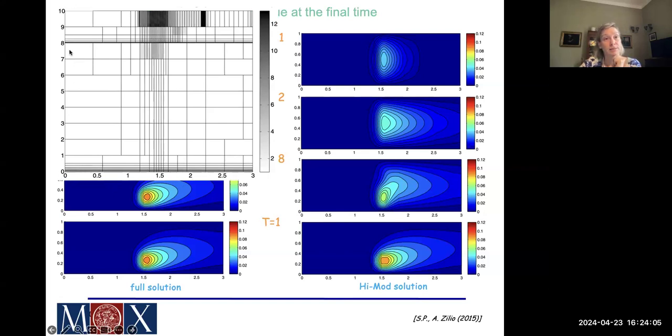Along the vertical axis, you recognize the time subdivision. So what we recognize is that the number of modes is very small for the whole time window, and such a number gradually increases as we approach the final time. Indeed, we recognize white, light gray, and black in correspondence of the source location, which is 1.5.